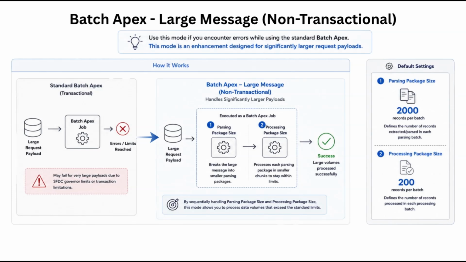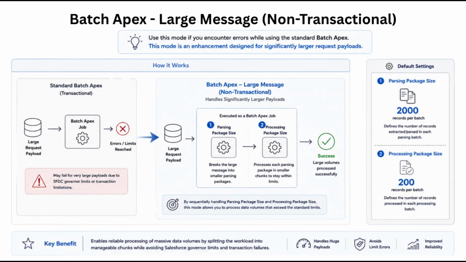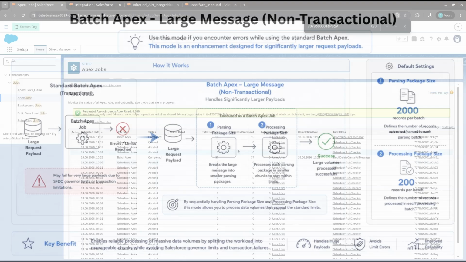Parsing package size parses incoming data in batches of 2,000 records by default. Processing package size processes the parsed data in smaller batches of 200 records by default. This two-step approach enables SKYVVA to handle massive datasets more efficiently, avoid processing limits, and improve overall integration reliability.